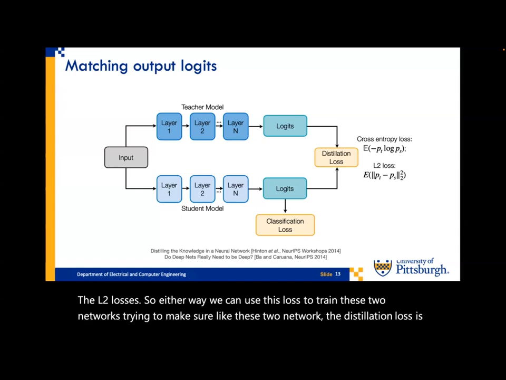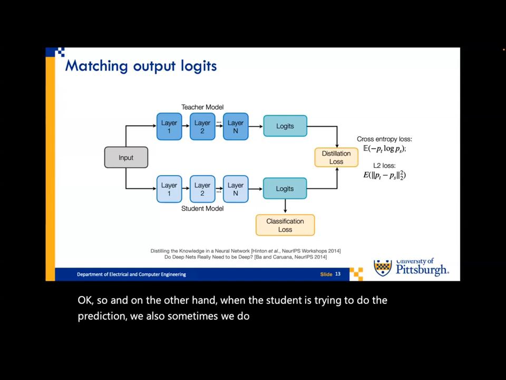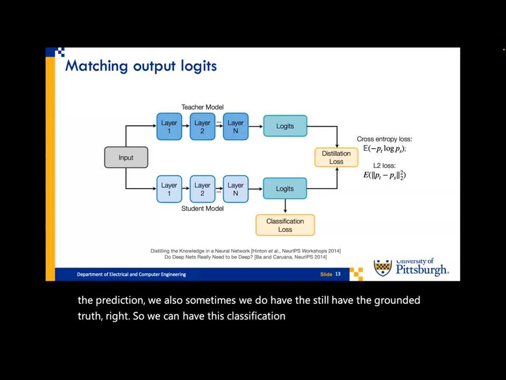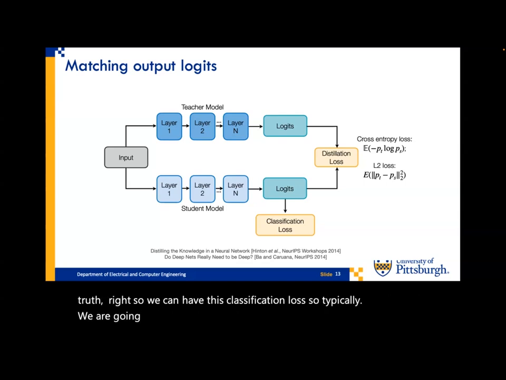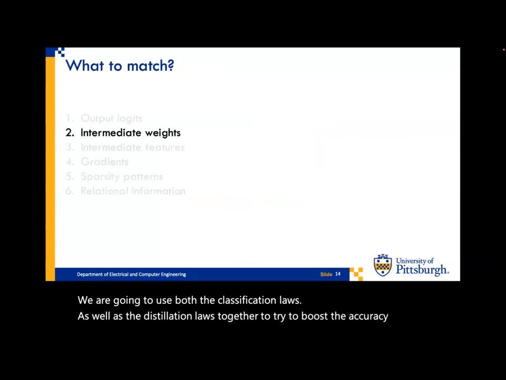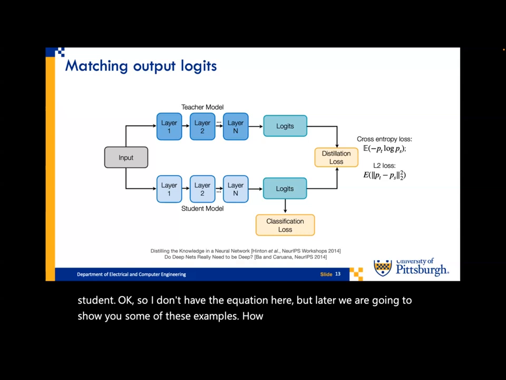On the other hand, when the student is doing the prediction, we sometimes still have the grounded truth, so we can have a classification loss. Typically, we use both the classification loss and the distillation loss together to boost the accuracy of the student. I don't have the equation here, but later we will show some examples. Usually you simply add the distillation loss to the classification loss.